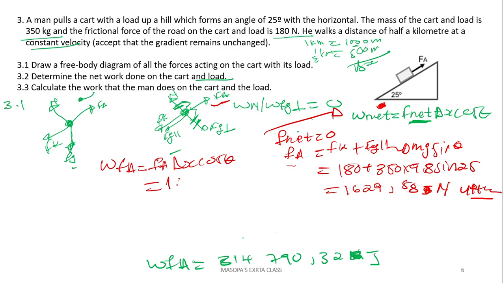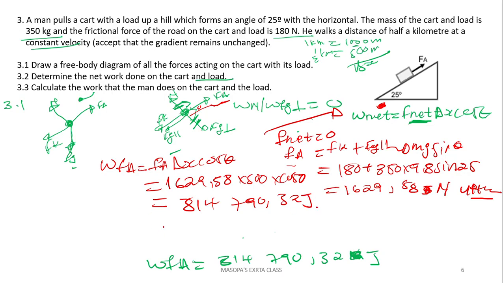Then you say 16,629.58, then your delta x, half a kilometer, which is 500, and we're going to multiply by cos of 0, looking at the angle. Then you get 814,790.32 joules. Thank you.